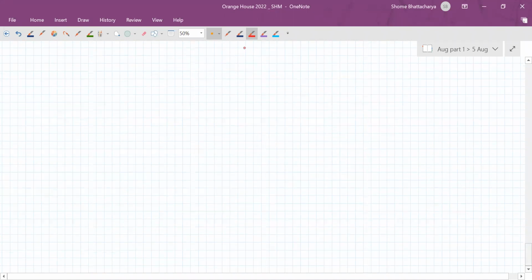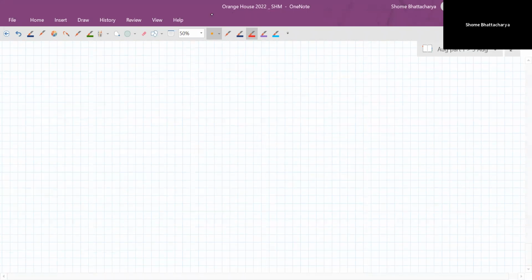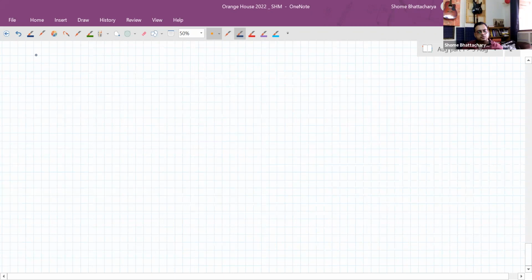Okay, so hope this part is clear. Now we move on to the next part, velocity and acceleration. You've already seen through that question how to calculate velocity in SHM.